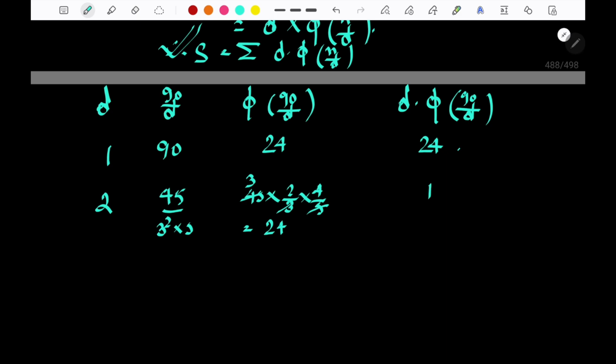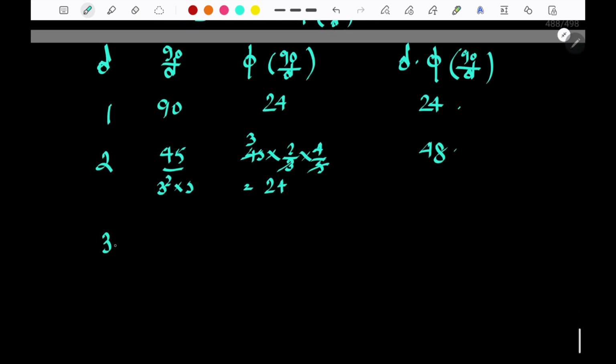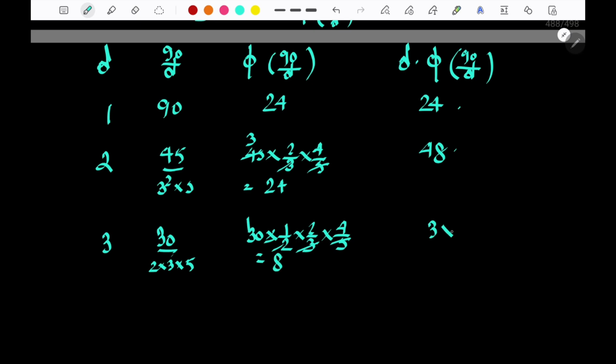So 24 into 2, this will be 48. Again for the third, 90 by 3 is 30. So 30 can be written as 2 into 3 into 5. So basically 30 into 1 by 2 into 2 by 3 into 4 by 5. Done. So this will be 8. So d into 3 into 8, that is 24 here.